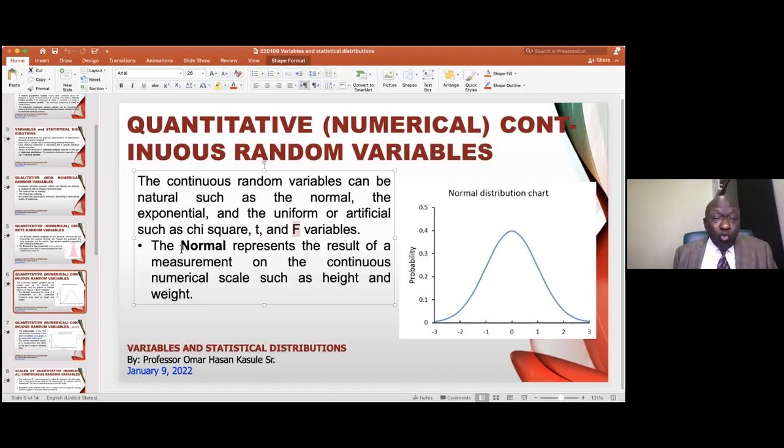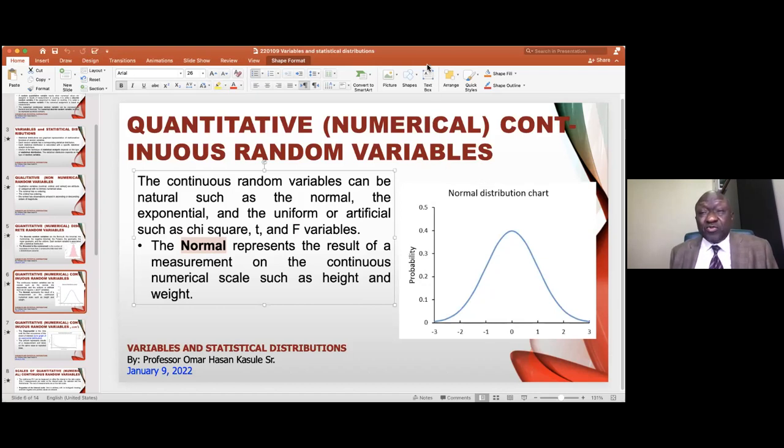I'll just talk about one of the continuous distributions, which is called the normal distribution. See, when you measure weight or height, whatever you measure, and plot on a graph, here on the graph, you plot the weight and height that you get, and up there you plot the number of people who have got that height. You join the points, it will turn out to be like this. This is called the normal distribution. This is the commonest distribution.